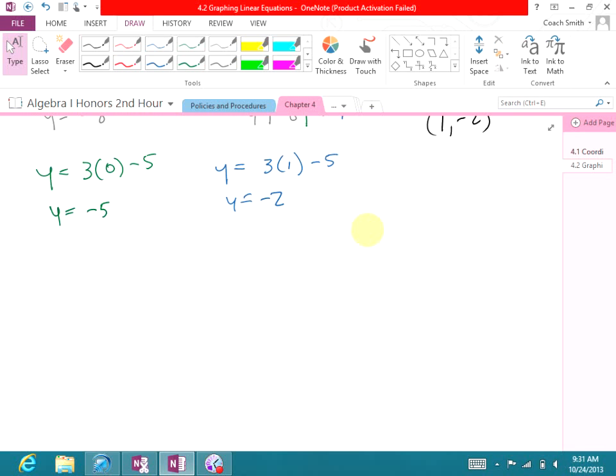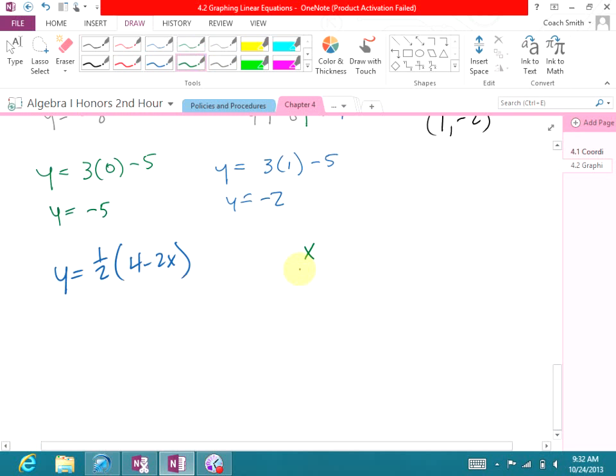All right, let's look at this one. Y is equal to 1/2 parentheses 4 minus 2x. Okay? Once again, we're going to use our table of values.